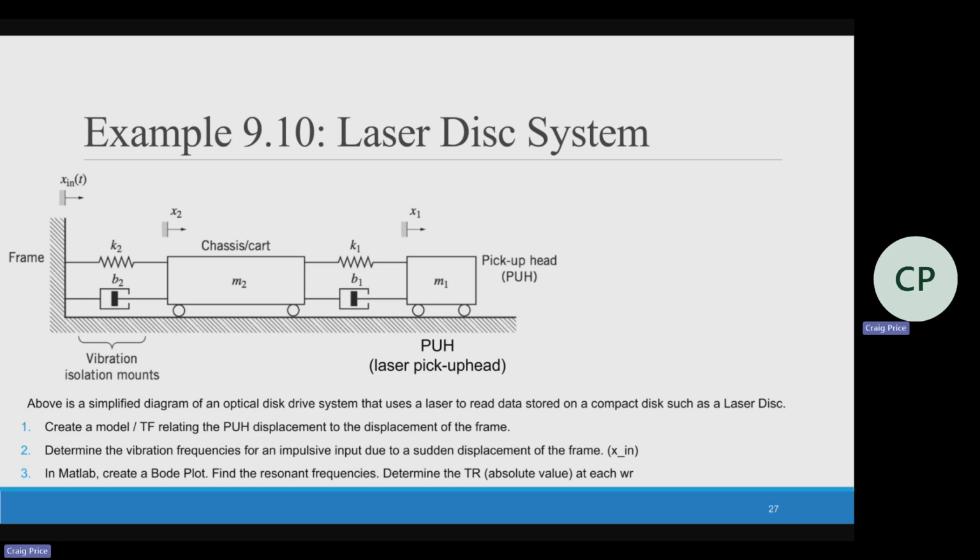So we're going to create the model. Our goal is to create a transfer function. We're going to determine the vibration frequencies, and we're also going to create the Bode plot. So we're going to see, for this system, what kind of frequencies we may not want. I had a portable CD player. It wasn't very good, but you really couldn't run with those things. You know why?